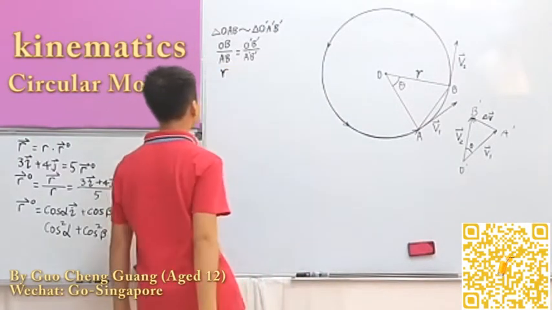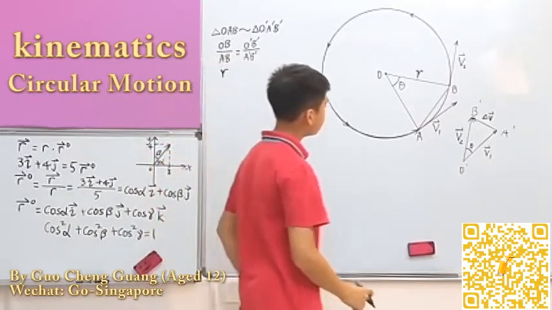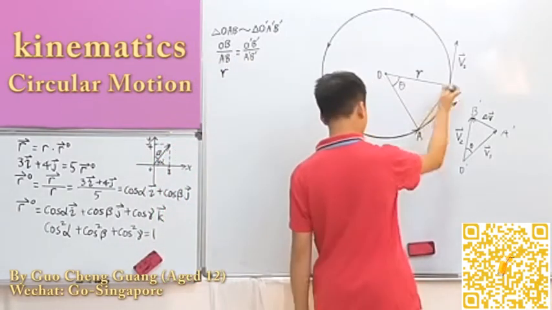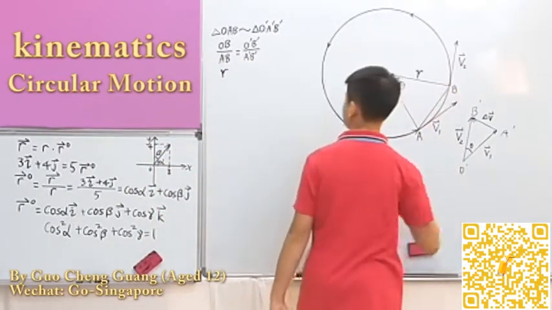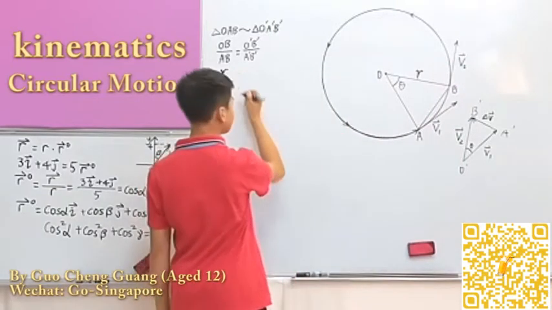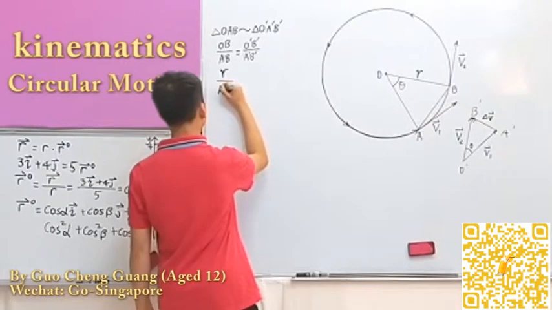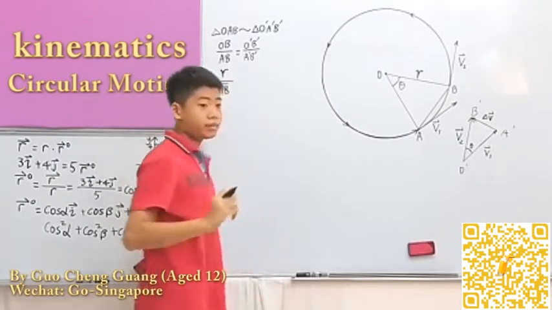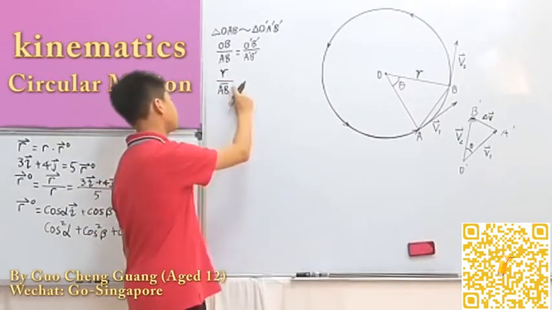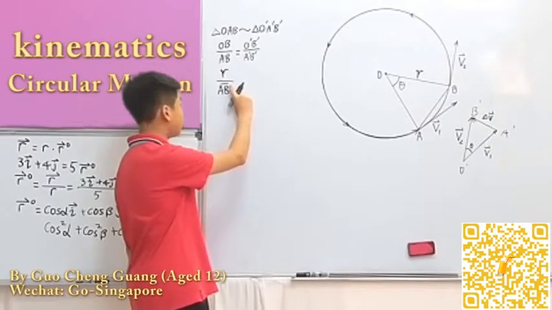AB, do we know what AB is? But beware, it is the chord AB. Well, we don't know about it, so let's just leave AB as it is. But just beware, we're adding this bar on top just to tell ourselves that it is a chord.